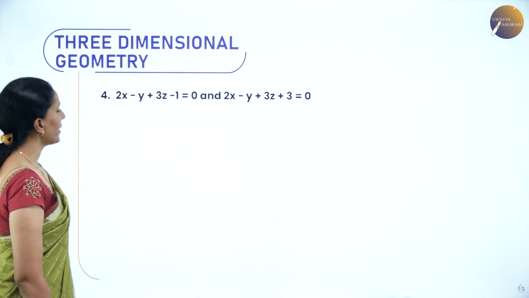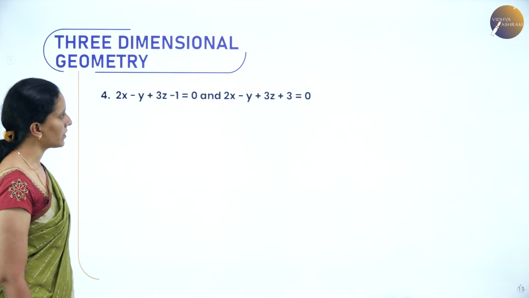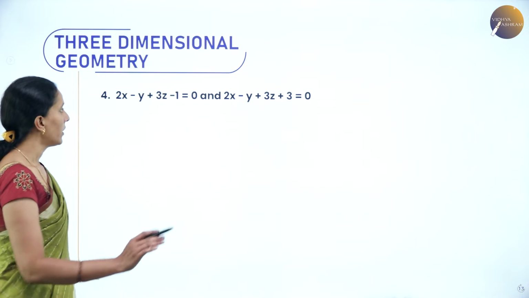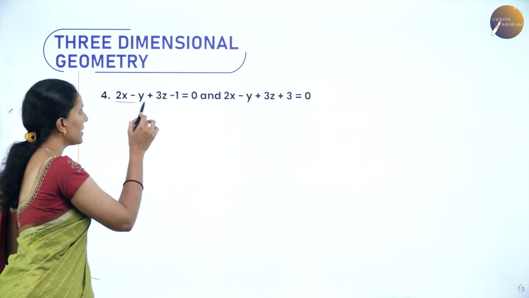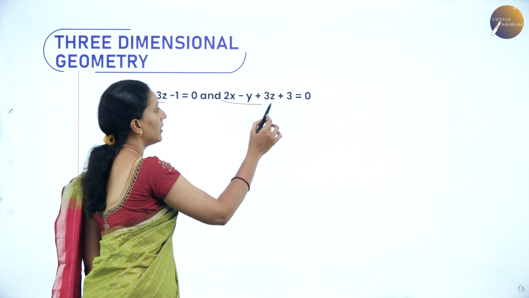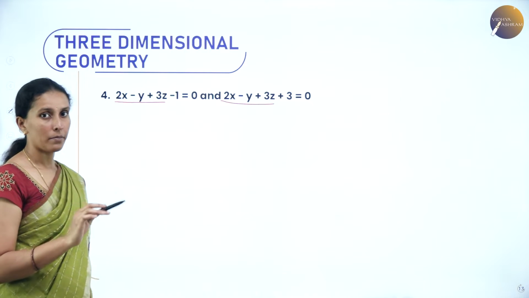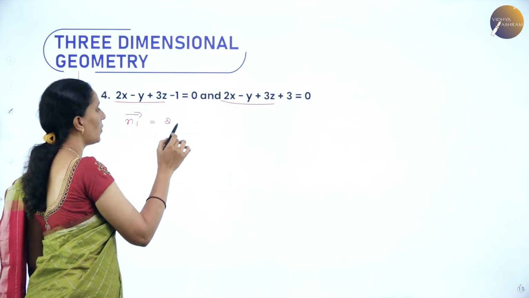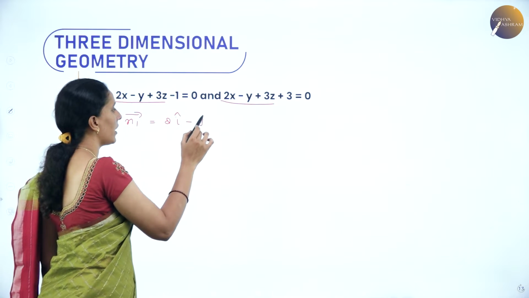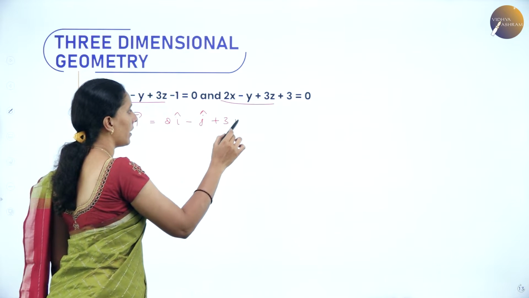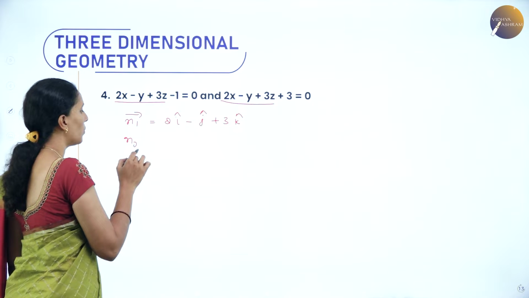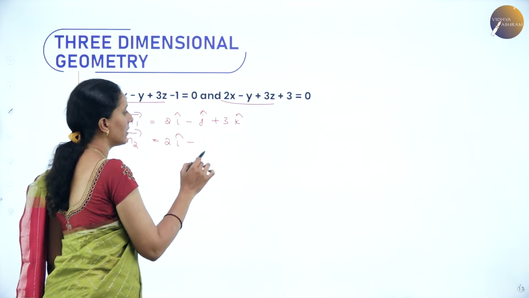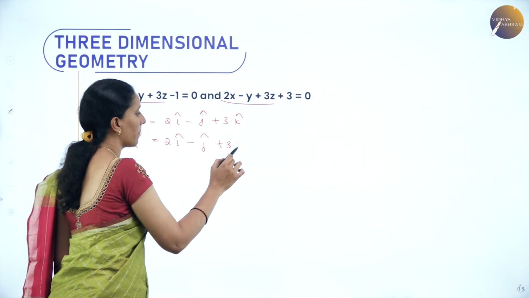Second one, 2x minus y plus 3z minus 1 is equal to 0, and 2x minus y plus 3z plus 3 is equal to 0. You can clearly see here the first three terms are one and the same. So that means our vector n1 is 2i minus j plus 3k, and our vector n2 is also 2i minus j plus 3k.